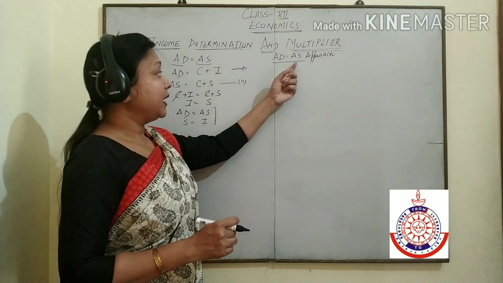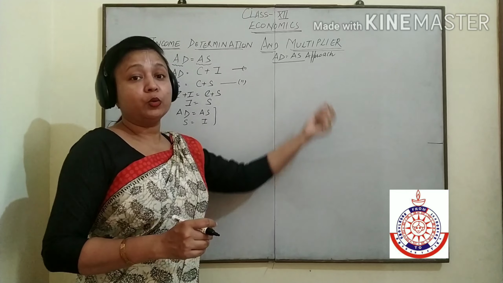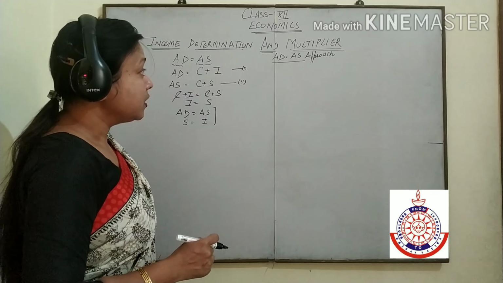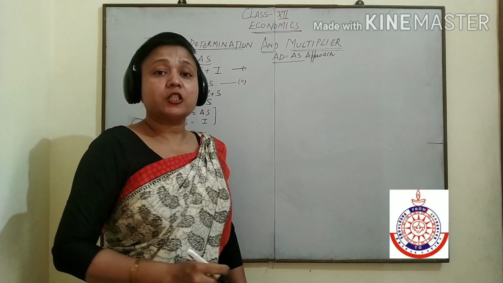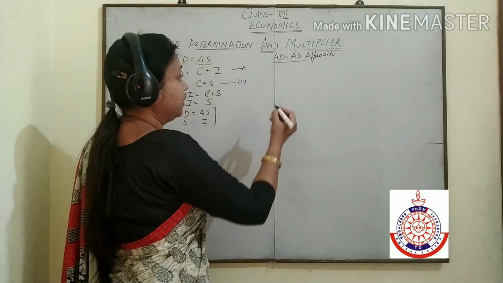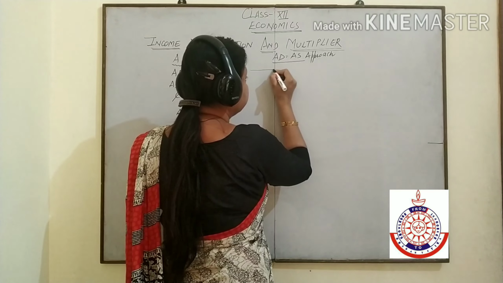And aggregate supply means how much goods are produced by the producer sector. We can explain this by a table or a schedule.